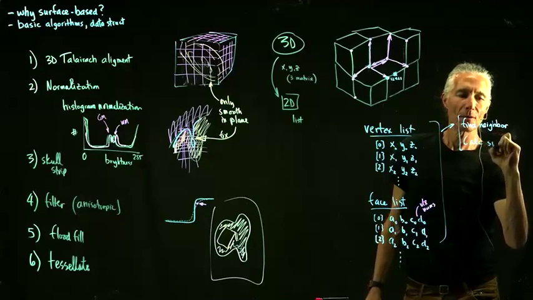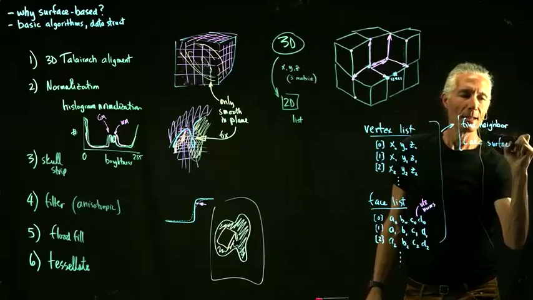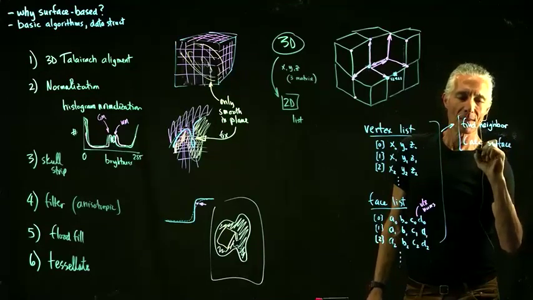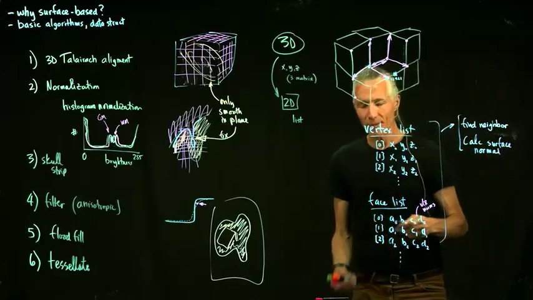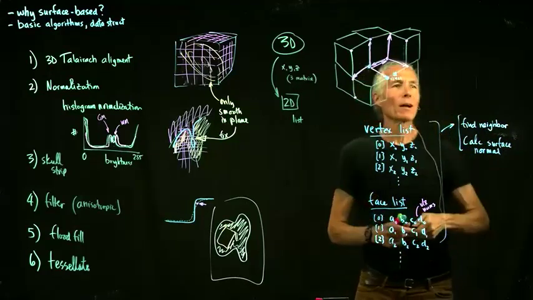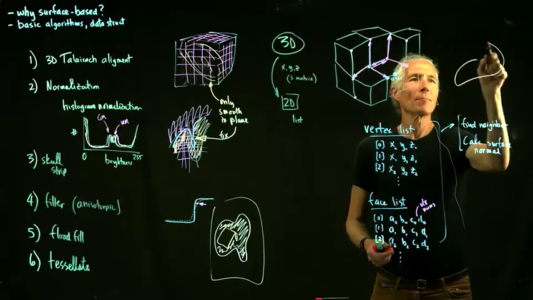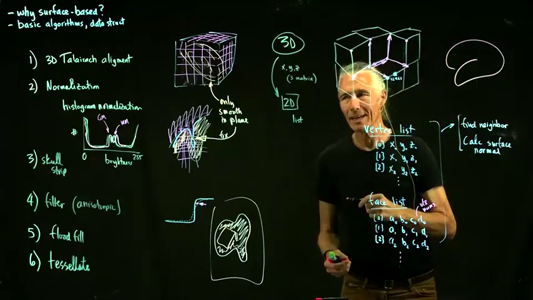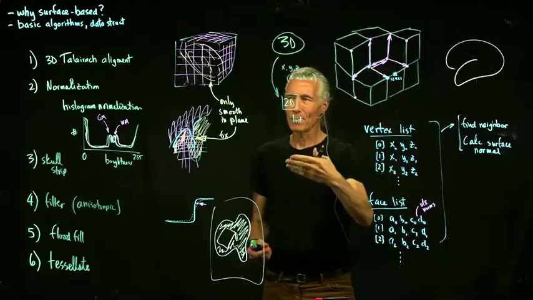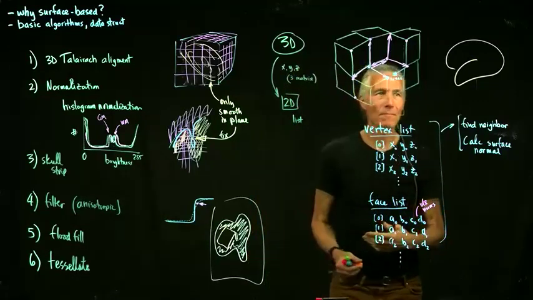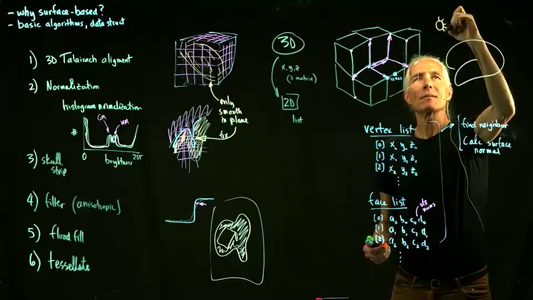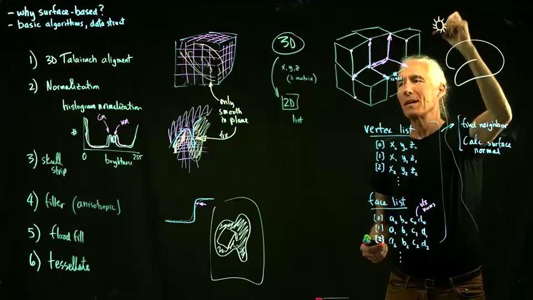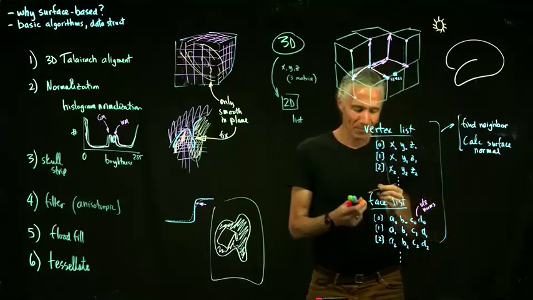And those are very critical for a whole bunch of different things. If you want to display the surface at all, you need the surface normals. And why is that? Well, if you just draw a brain like that with no lighting, it just looks like a flat piece of cardboard. It doesn't look like anything. So in order to actually make it look like a brain, we have to sort of define a sun somewhere.